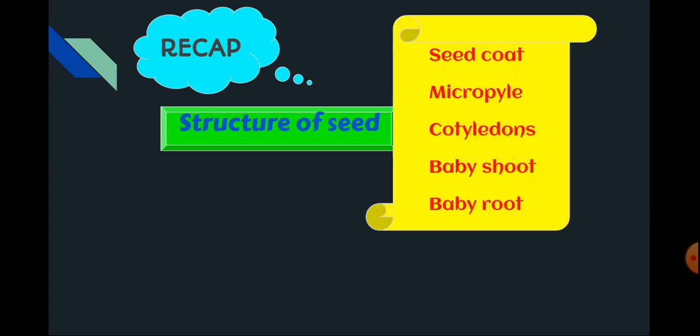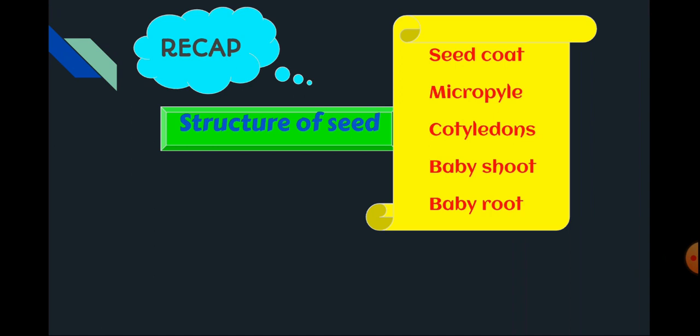Now let's have a quick recap of today's topics. Today you learnt about the structure of seed. A seed has seed coat, micropyle, cotyledons, baby shoot and baby root. The seed coat is the outer protective covering of the seed. Micropyle is a tiny hole in the seed coat through which the seed gets water.